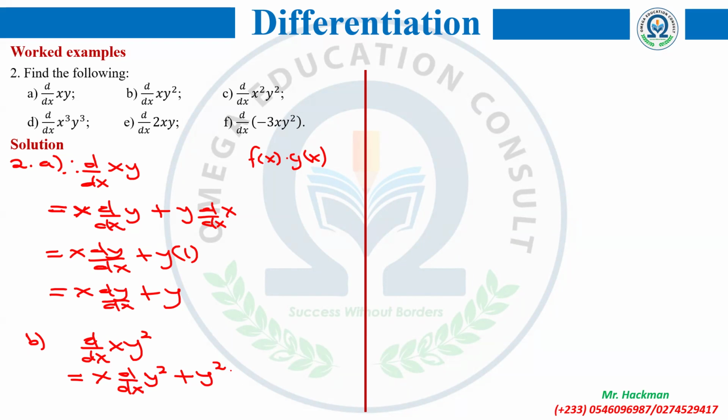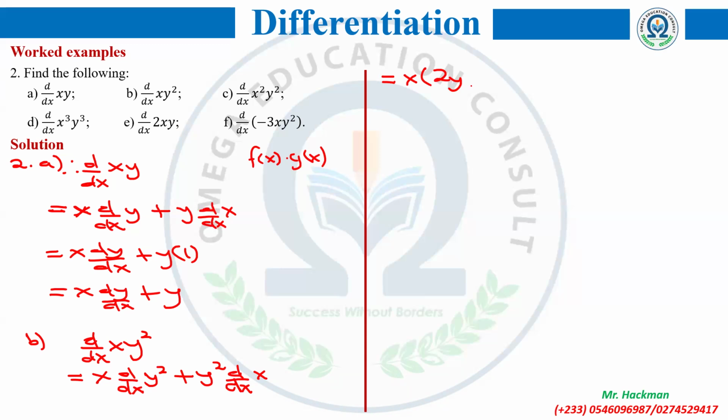So that will be d dx of my first function. Is that clear? Yes, please. All right. So if I move on, this will be equal to x held. Now we are experts where we are coming from. d dx of y squared will give us 2y.